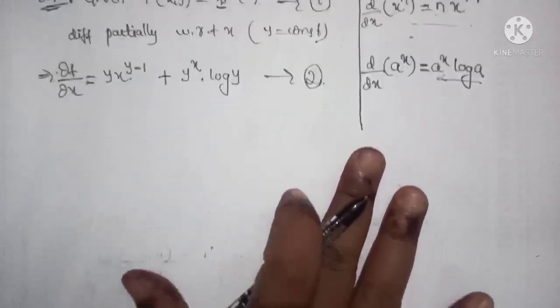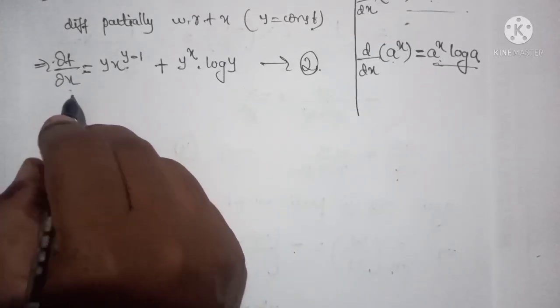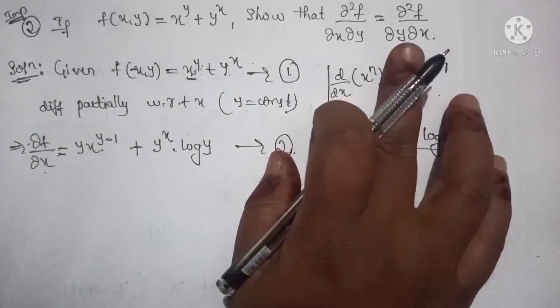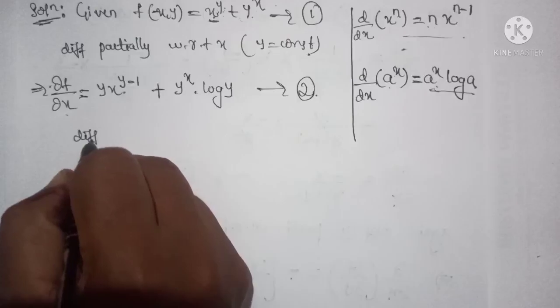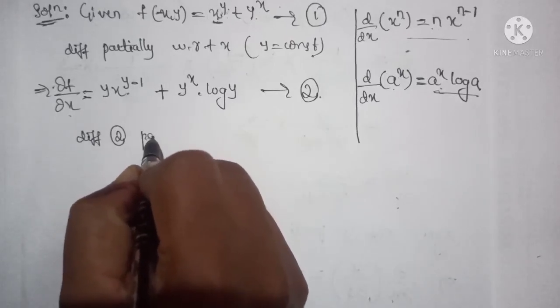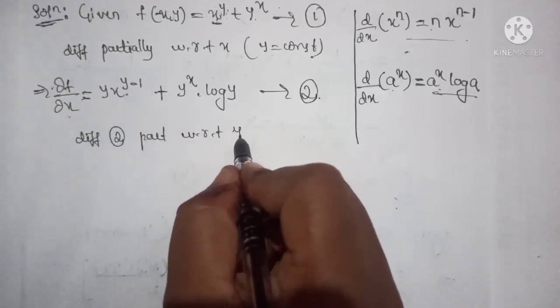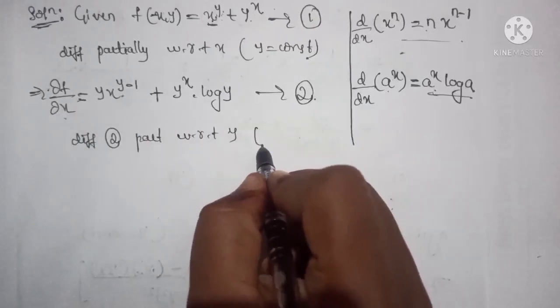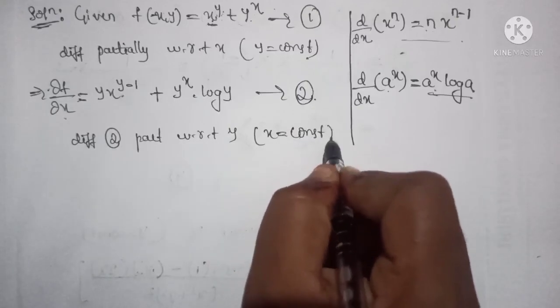Now again differentiate with respect to y to get this term. That is, differentiating partially with respect to y, because already we have done x. Here we have to treat x as constant, right?